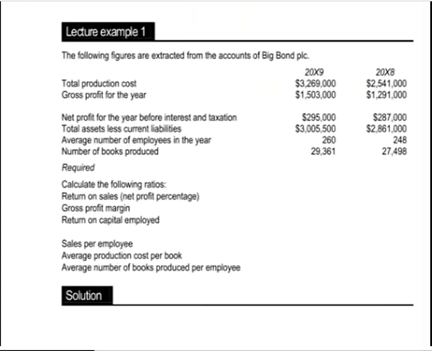In lecture example 1, we're asked to calculate a range of ratios, including our return on sales, which is asked for as a net profit percentage. In other words, we could see that as the net profit margin.